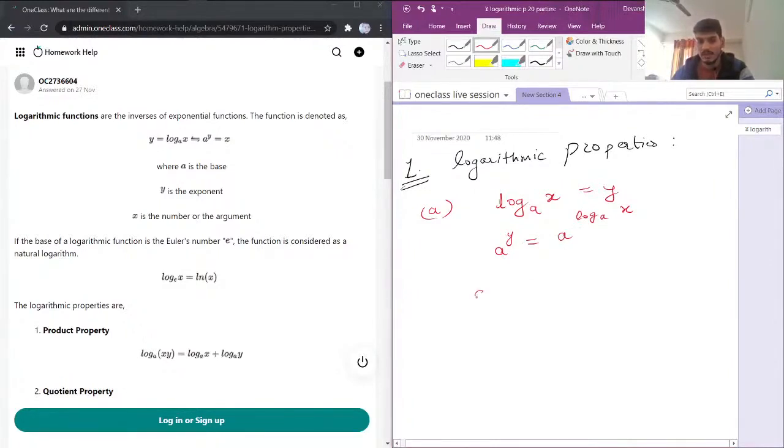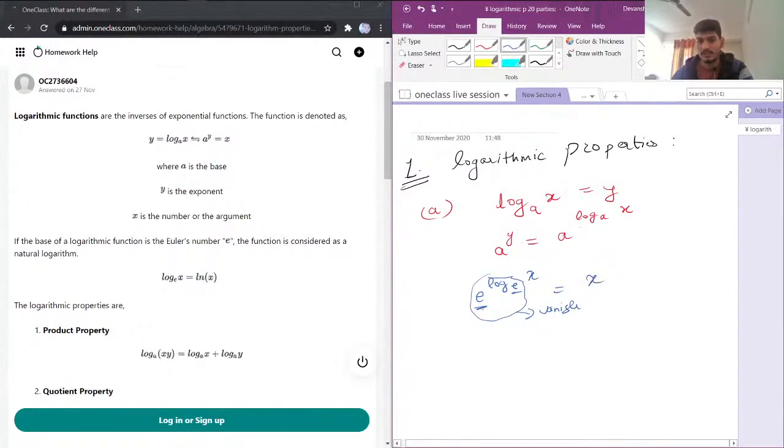Now, suppose I have a log. Let me use blue color. So suppose I have e power log base e of x. If the power which we have raised to and the base of the log are equal, then the log kind of vanishes and we have only x.